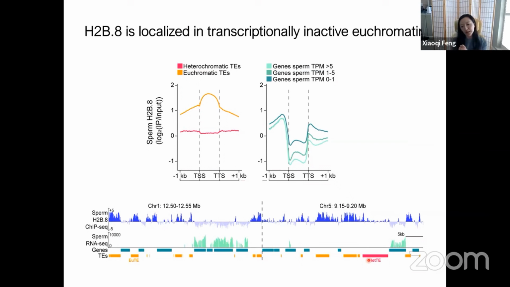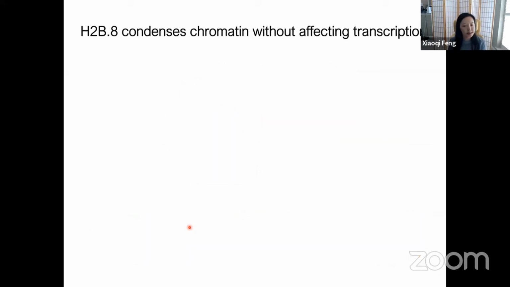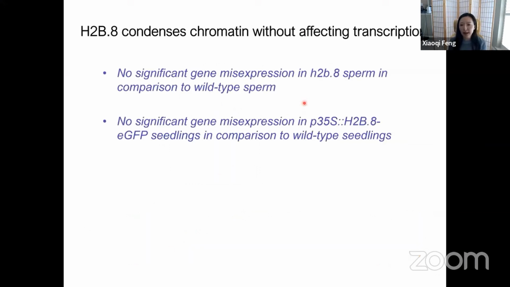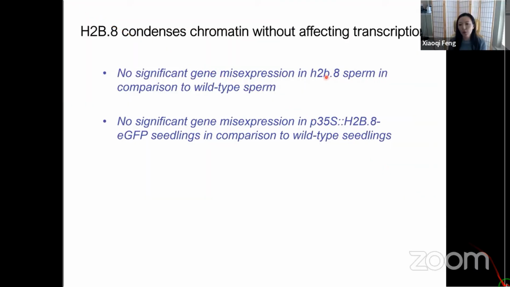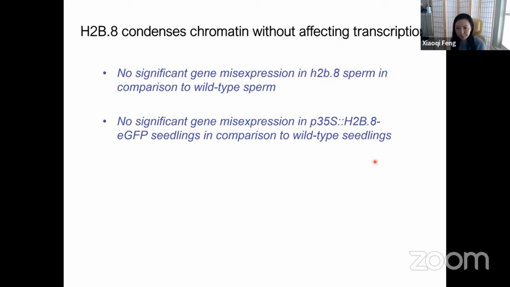So this interesting association between H2B.8 and transcription could arise via two possibilities. One is that H2B.8 simply suppresses transcription, or it could be the other way around: H2B.8 is excluded from transcribed regions. To test these hypotheses, we first examined whether H2B.8 mutation or H2B.8 ectopic expression would affect transcription in the sperm or seedlings respectively.